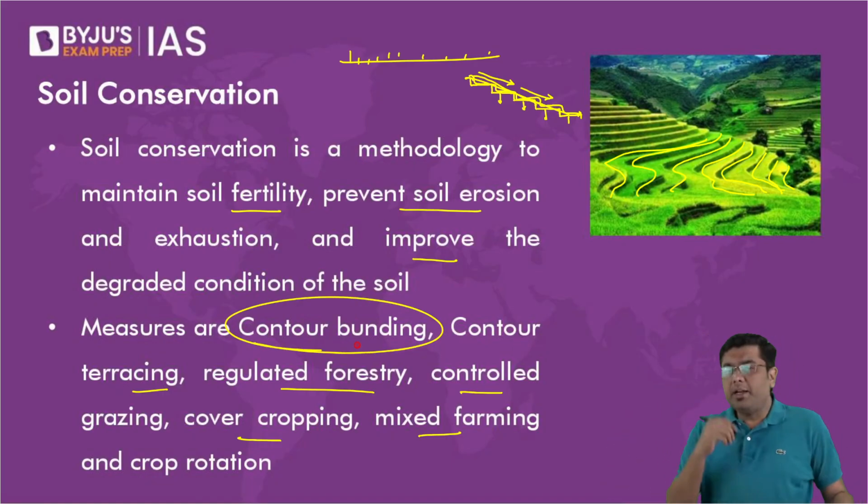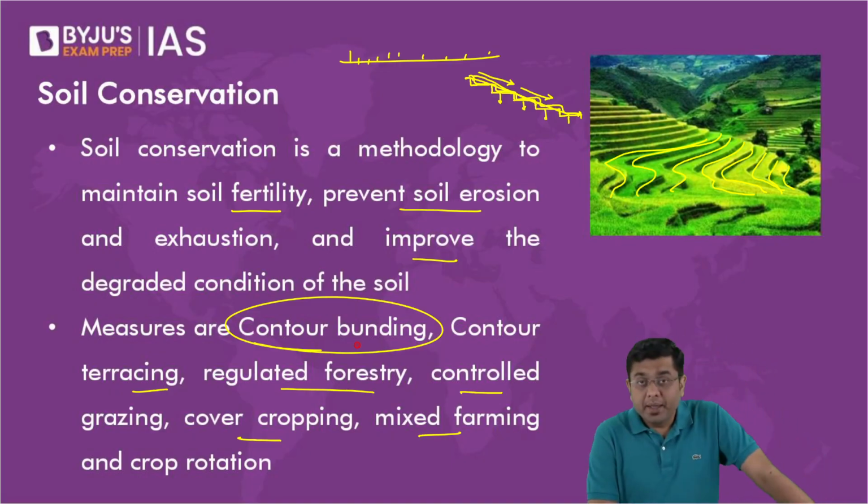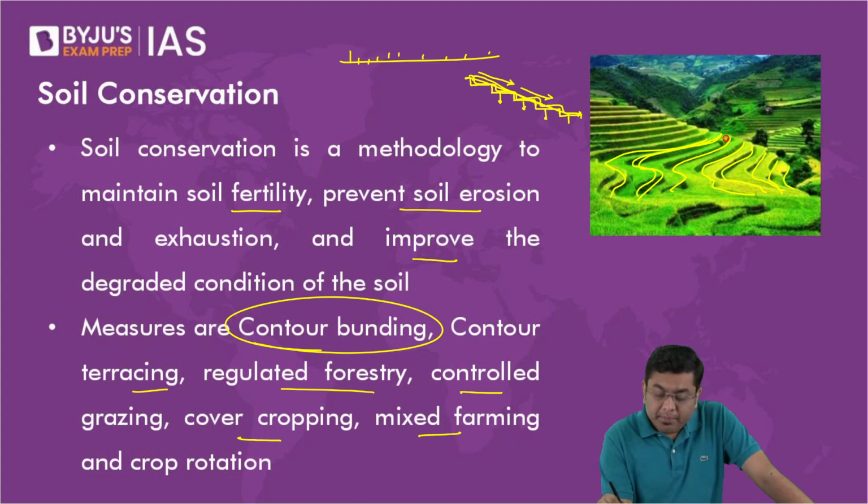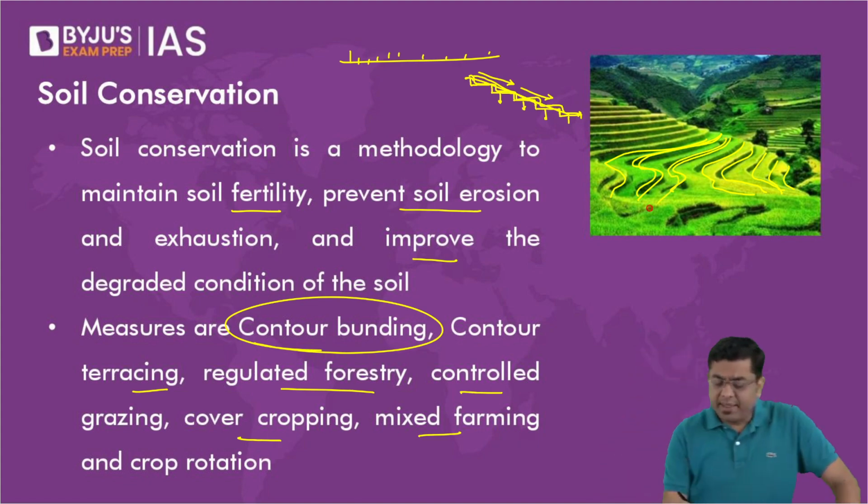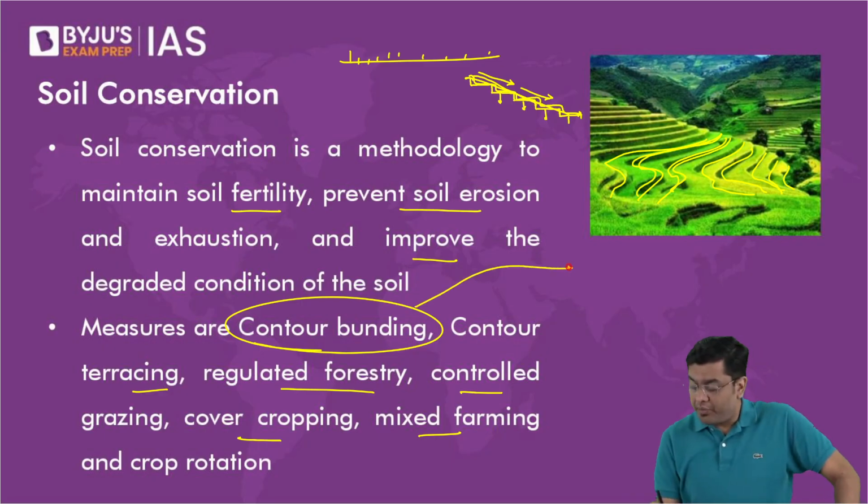There is one more thing, that is contour bunding as well. Contour here refers to the same contours that you see. But what do we mean by bunding? Bunding is the construction of artificial bunds.